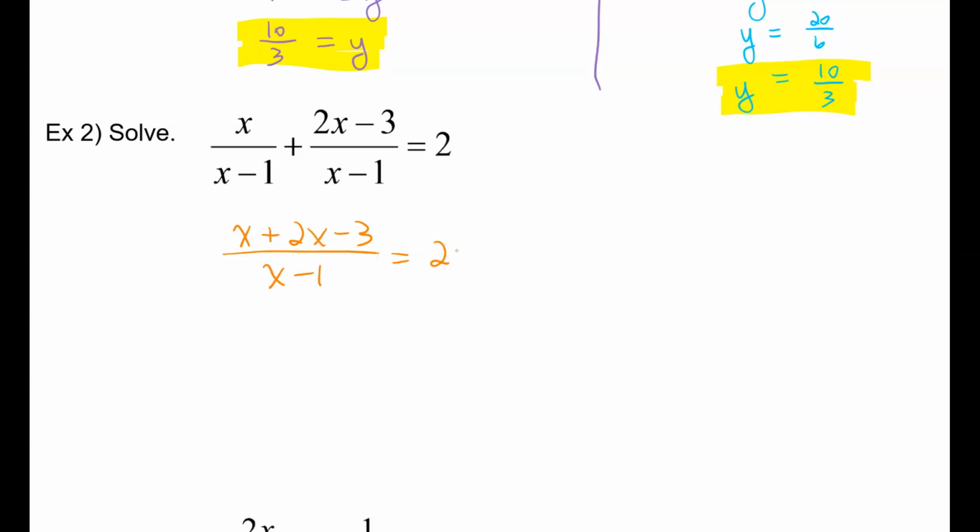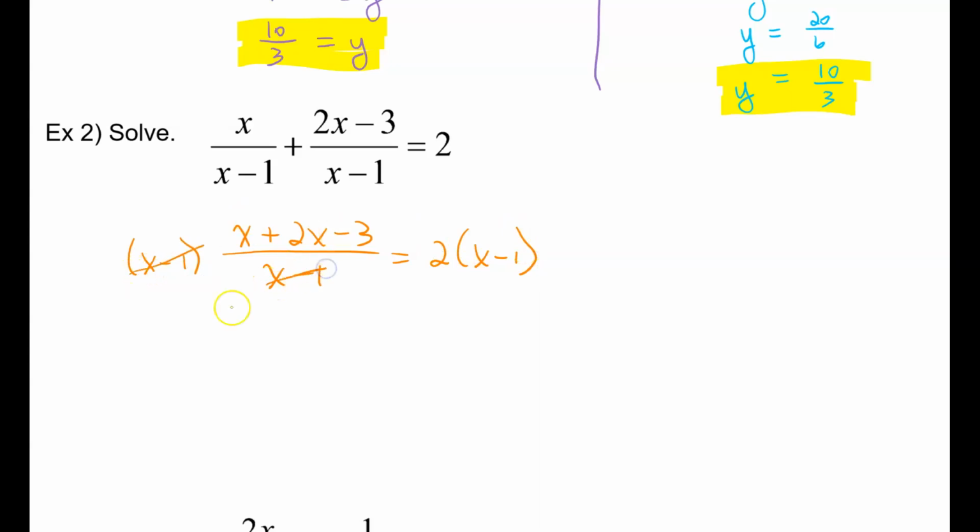which is equal to 2. Our goal here is to get x by itself. Right now I have x in a denominator. I don't want it there, so I can multiply both sides by x minus 1.